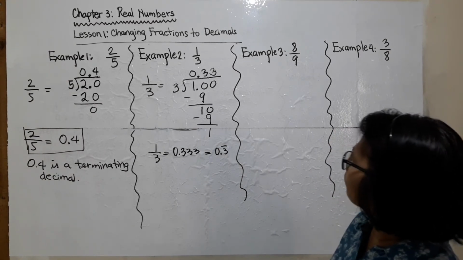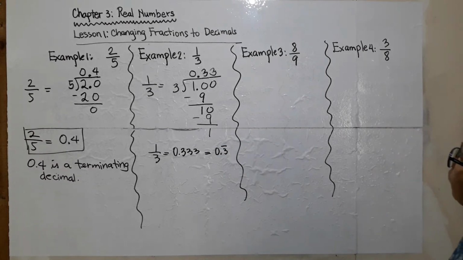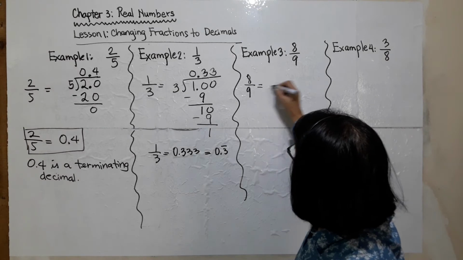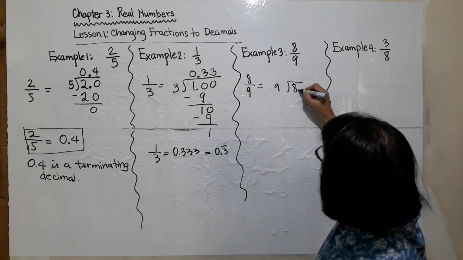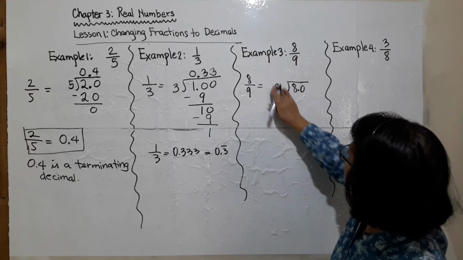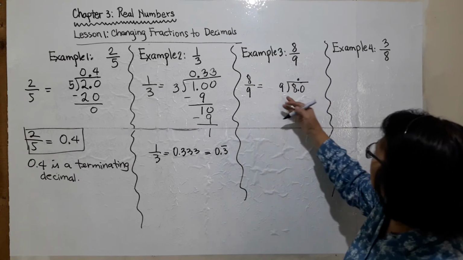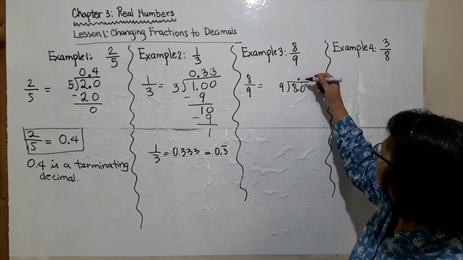What about example number 3? For example number 3, we have 8 over 9. 8 over 9 means 8 divided by 9. 8 the dividend and 9 as the divisor, 0, and then point here. We could not get 9 from 8, so 0.